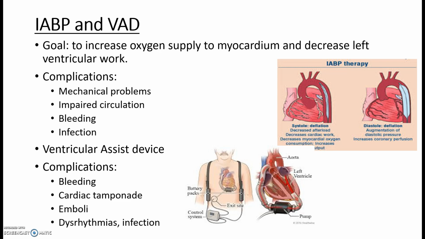With this balloon inflation, and you see the balloon is placed right in that curvature of the main aorta. During systole, the balloon is deflated, and that allows the blood to be pulled into the arterial circulation. The afterload is decreased. That will decrease the cardiac work, decrease oxygen demand on the heart, and increase cardiac output.